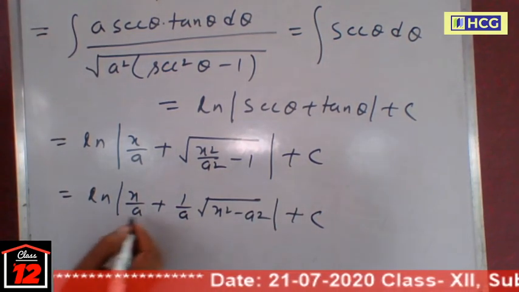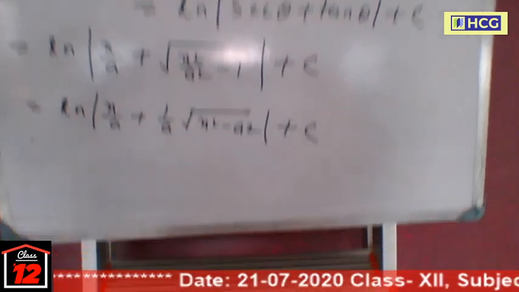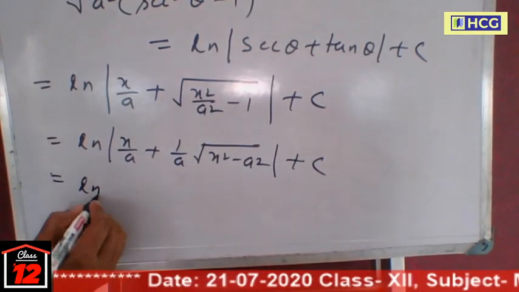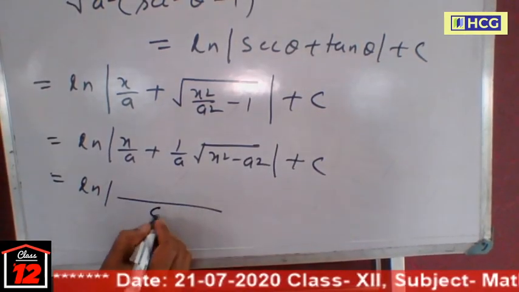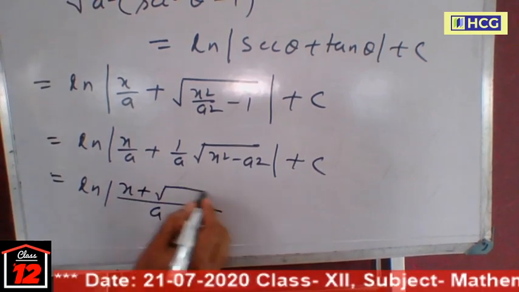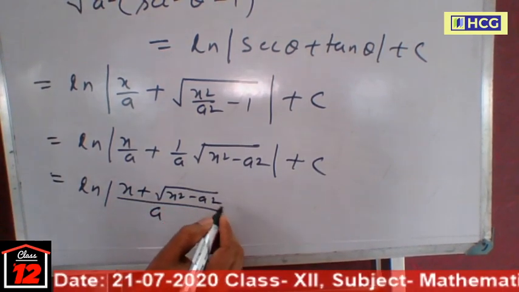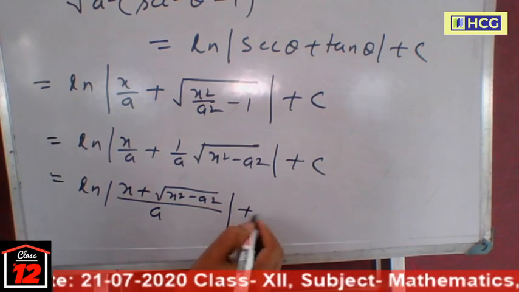Again a is the LCM, so this equals ln mod 1 by a into x plus square root x square minus a square, plus c.